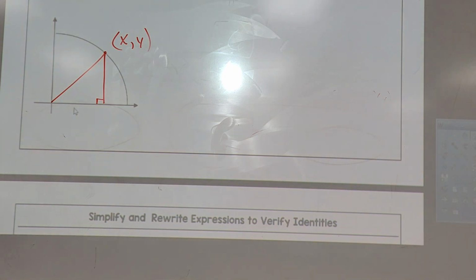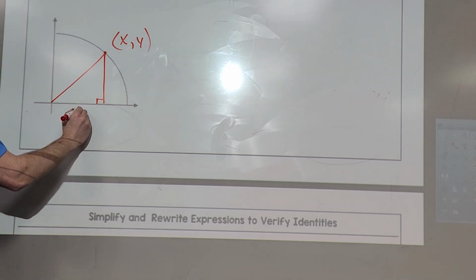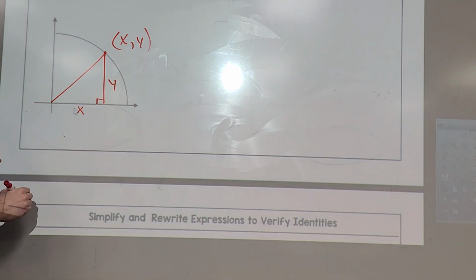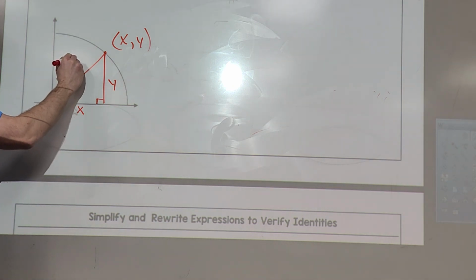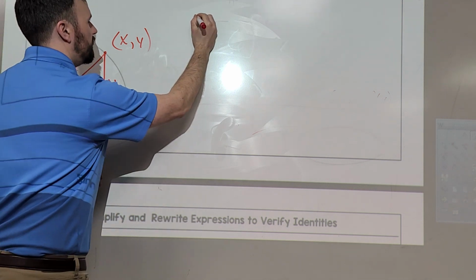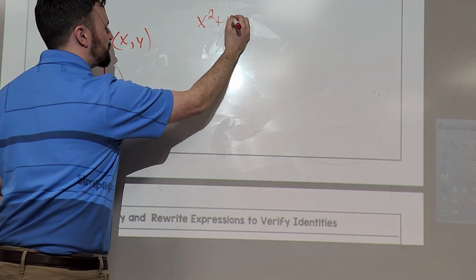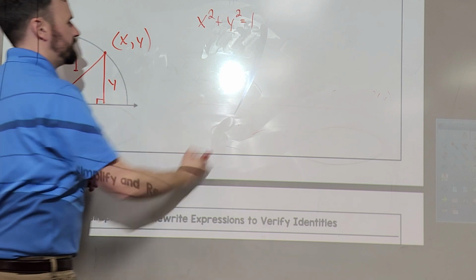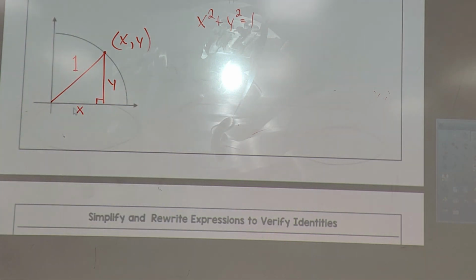You agree? So this is my x and this is my y. What kind of circle is this? Oh, this is a unit circle. If I call this radius 1, what does x squared plus y squared have to equal? 1. Pythagorean theorem, right? Again, visualizing this can help. It's hard to memorize. It's easier to understand.